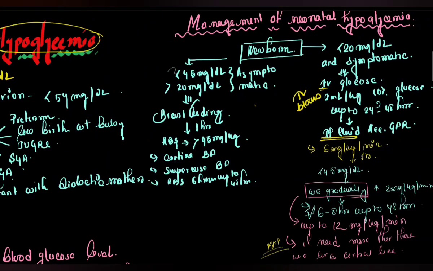Now I go back to the first type of neonatal hypoglycemia, when the newborn blood glucose level is less than 45 mg per dl but greater than 20 mg per dl and the baby is asymptomatic. In that case, advise the mother to continue breastfeeding, and after 1 hour, if random blood glucose level is greater than 45 mg per dl, then advise the mother to continue breastfeeding, supervise the breastfeeding and monitor random blood glucose level 6 hourly up to 48 hours.